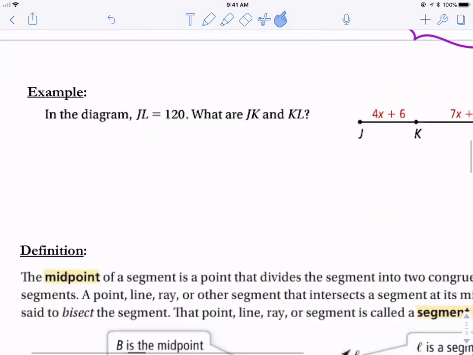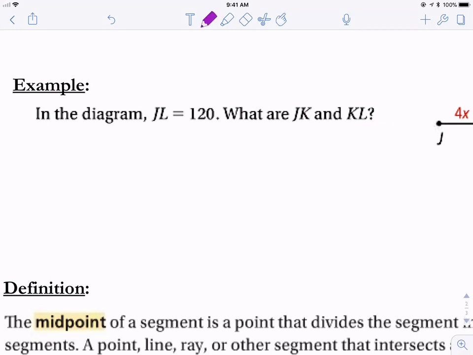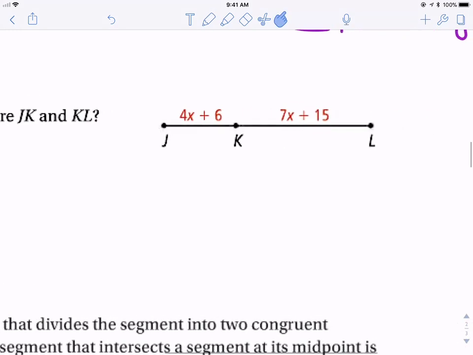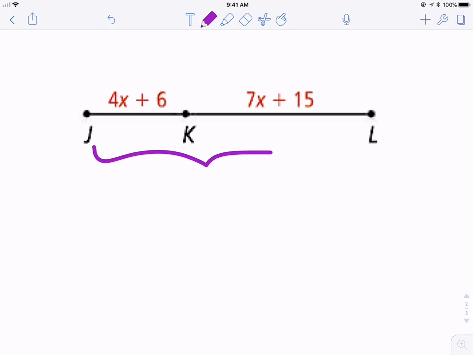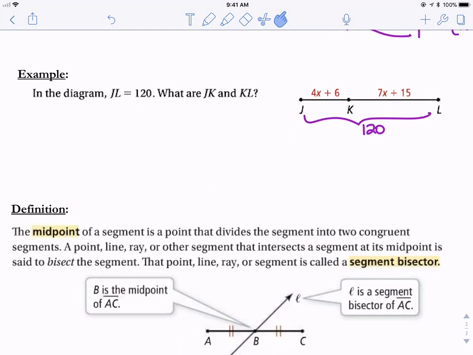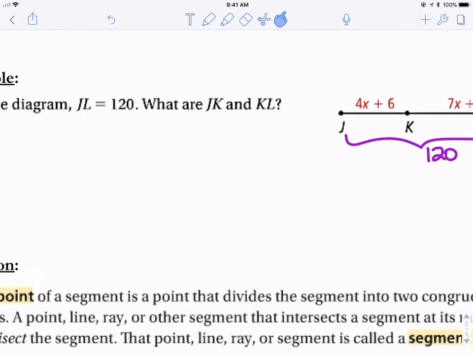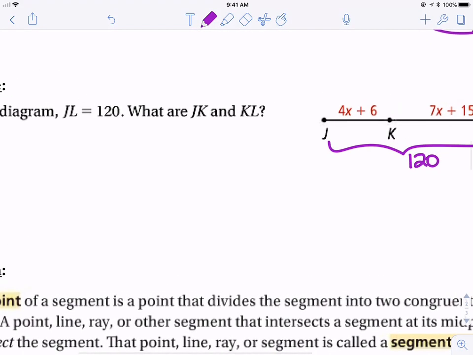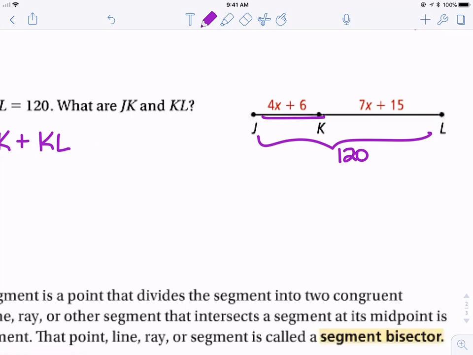Okay, so an example. In the diagram, JL is equal to 120. So they're telling you the length of this segment is 120 units. First of all, we're going to make a segment addition postulate equation, and it would be JK, which is this part, plus KL, which is this part, is equal to the whole segment, which is JL.